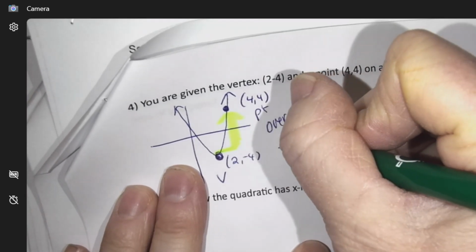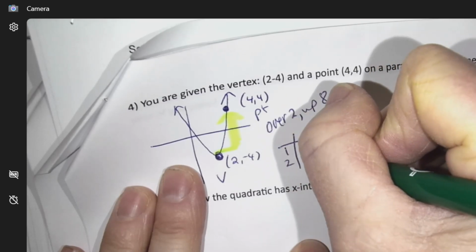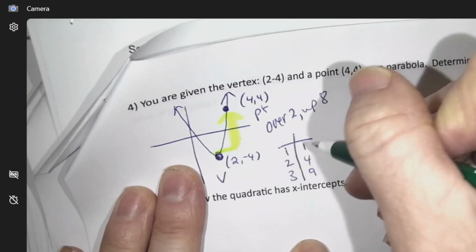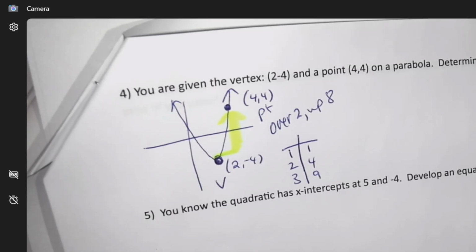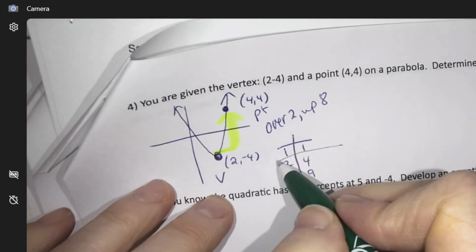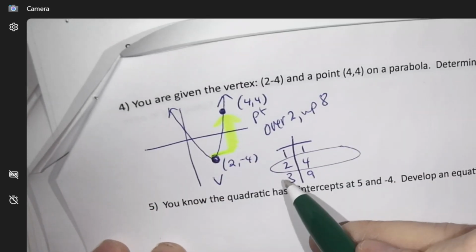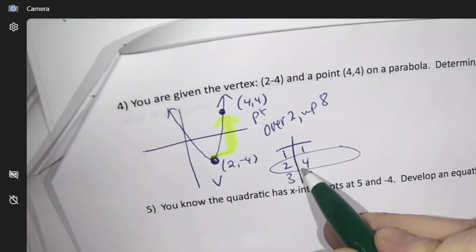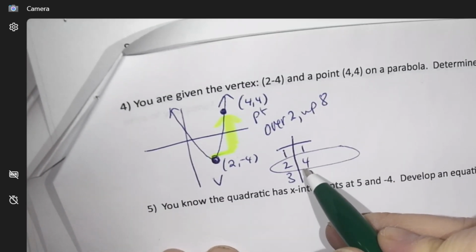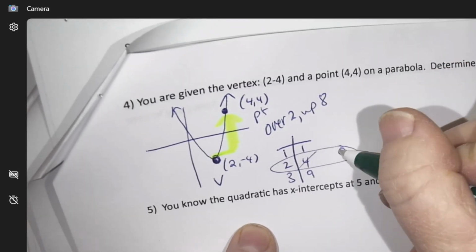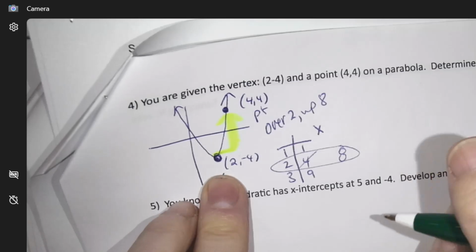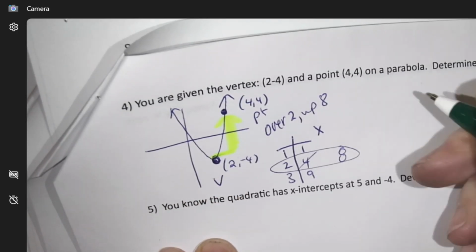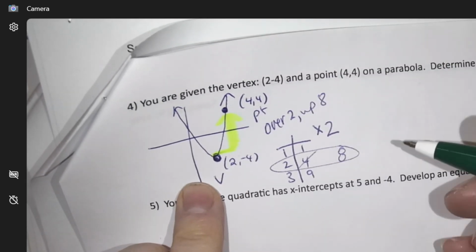Let's look at our typical. Is that on my typical? No, that's not typical. So let's look at this position where when I go over 2, I should only go up 4. But I didn't do 4, I did 8. Therefore, I've had a multiplier of 2.